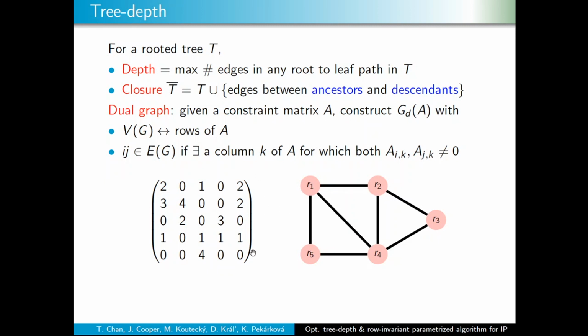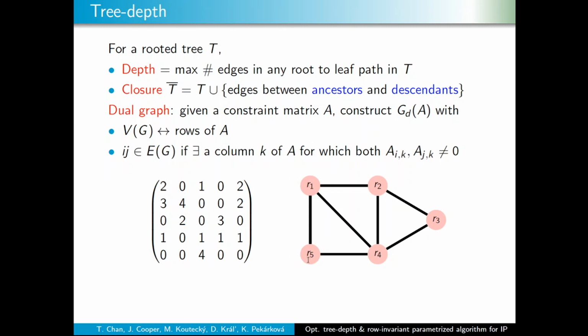We have an example below. Here is my constraint matrix. Notice it has 5 rows, so I have 5 vertices in my dual graph. And I have an edge between vertex R1 and R2. This vertex corresponds to row 1, and this vertex corresponds to row 2. The reason there is an edge there is because if I look at column 1, for instance, and I look at the entries of column 1 in row 1 and row 2, these are simultaneously non-zero.